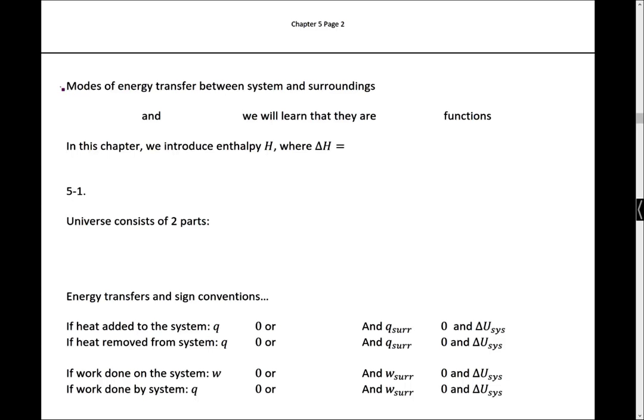So we've determined that the modes of energy transfer between what we're calling a system and what is not the system, the surroundings, will be heat, Q, and work, W. We're going to see very quickly that these are path functions. Right? The way that you do it determines the heat and the work energy transfer.